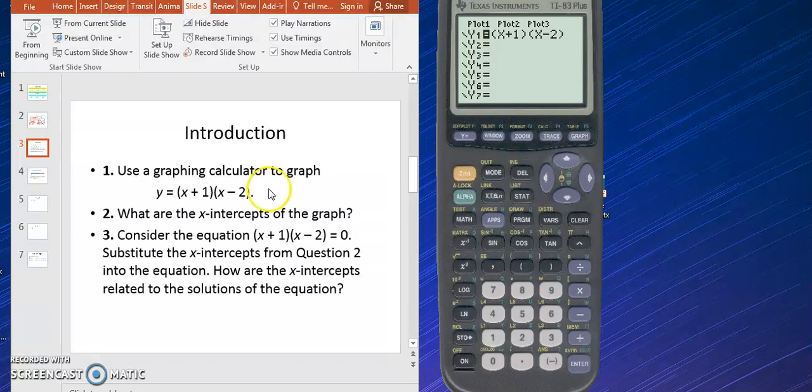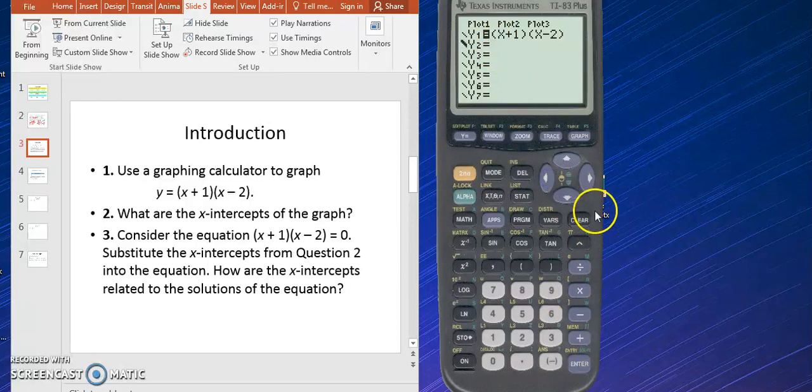What we're going to do is put this function in the graphing calculator: x plus 1 times x minus 2. So we're going to look at this product of two binomials, and we're going to create a graph. Now, we used graphs before in the graphing calculator to test our answer. So let me show you how you would do that also.